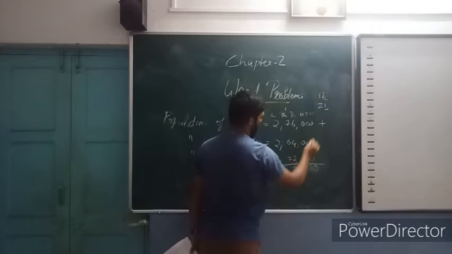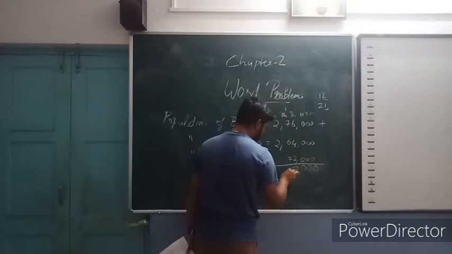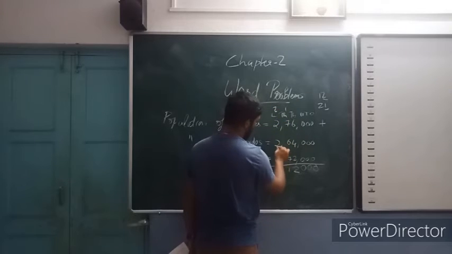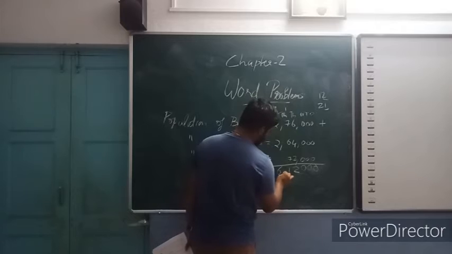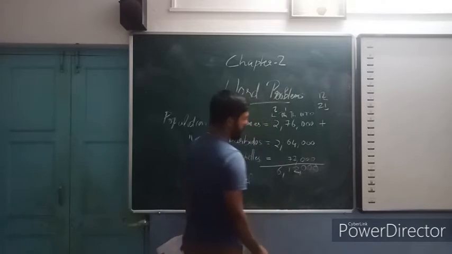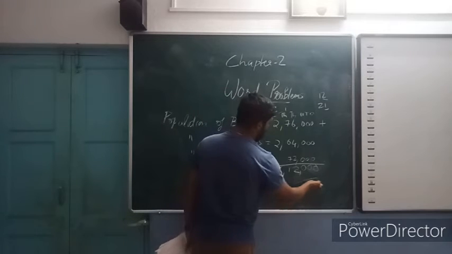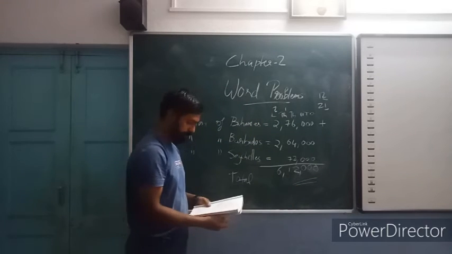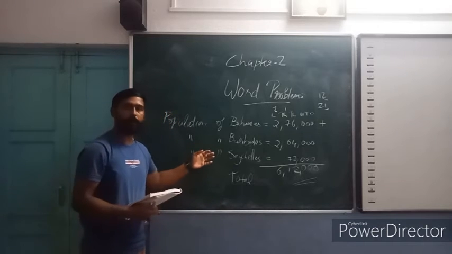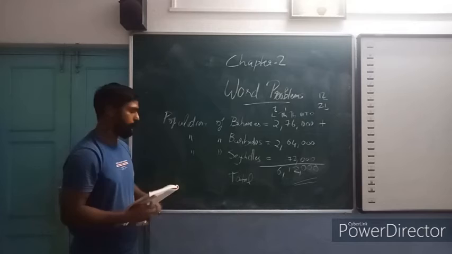Again bigger than 9, so we write 1 here and give the 2 here. 2 plus 2 is 4. 4 plus 2 is 6. So, 6,12,000 is the total population of these countries. You see, this is how we find the solution for word problems.